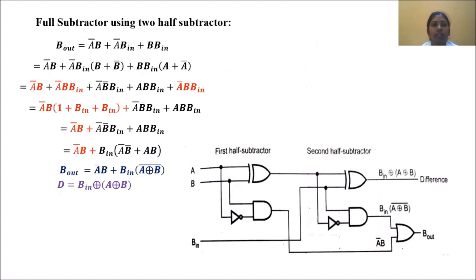So like full adder, full subtractor can also be constructed using two half subtractors. So further we need to do some manipulations in the borrow out equation so that we can arrive at the final simplified expression which we can use for half subtractor.